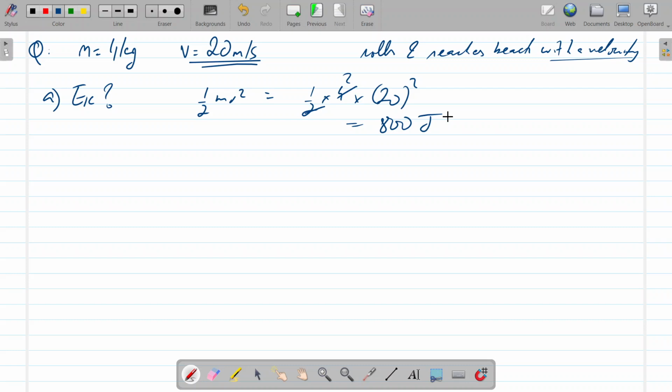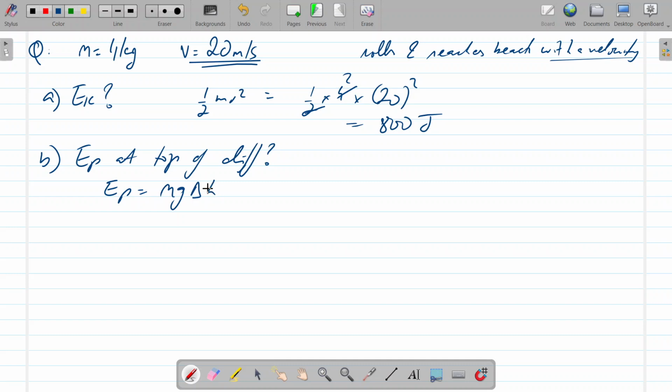Now, the second part of the question is to calculate the gravitational potential energy of the boulder when it was at the top of the cliff. So part B, what is the gravitational potential energy at the top of the cliff? For that we need gravitational potential energy equals mg delta h.